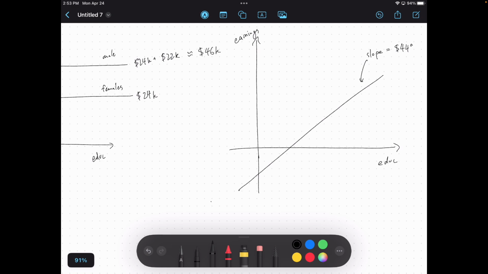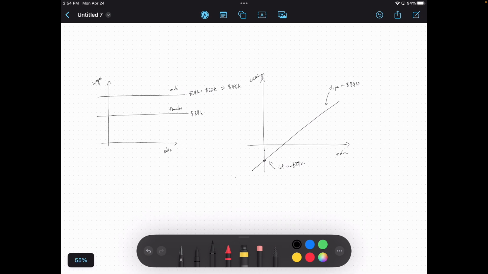And our intercept, negative 21,000, 27,000 something. Negative 27K. Okay, great, so those are our two there.